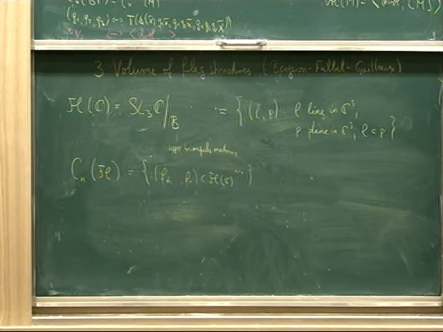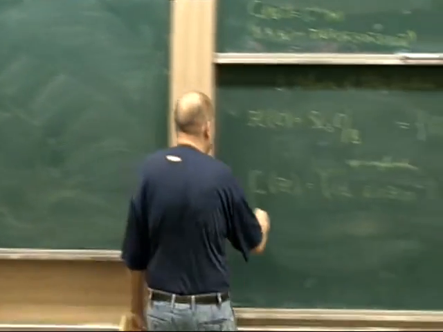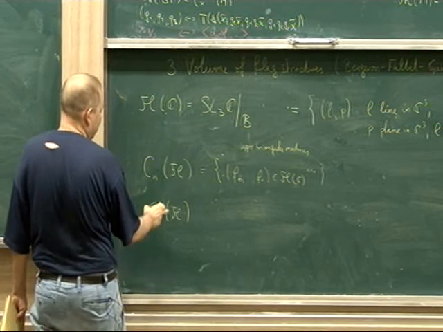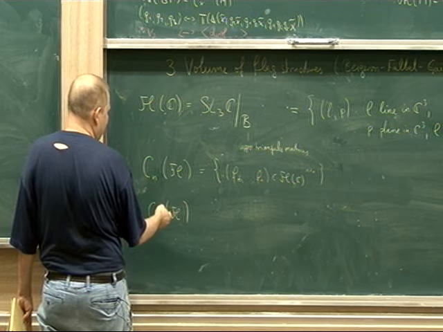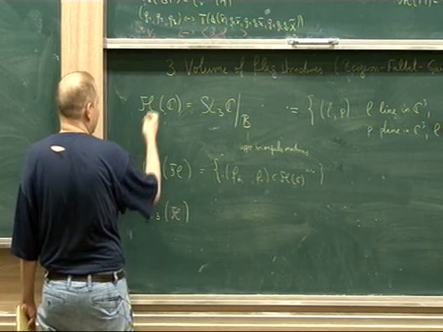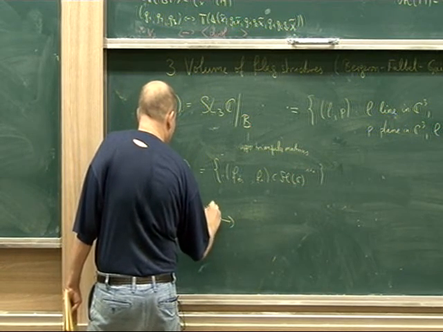So they want to define the volume of a tetrahedron of flags: four points in the flag variety you can think of as a tetrahedron with vertices in the space of flags.